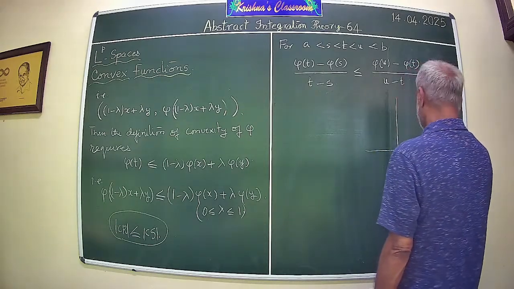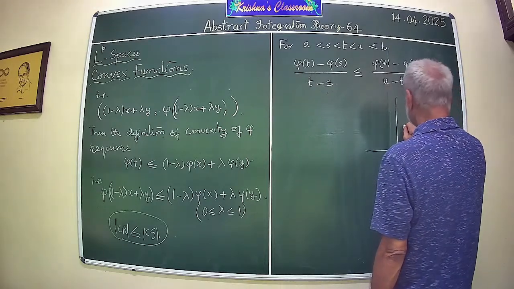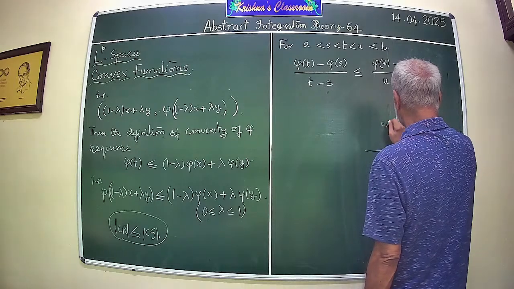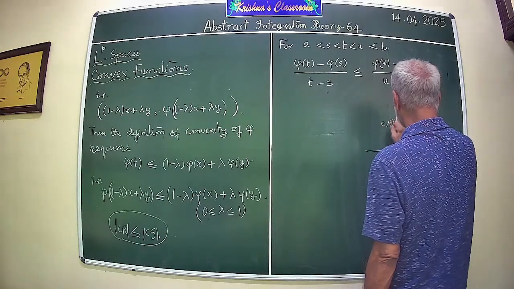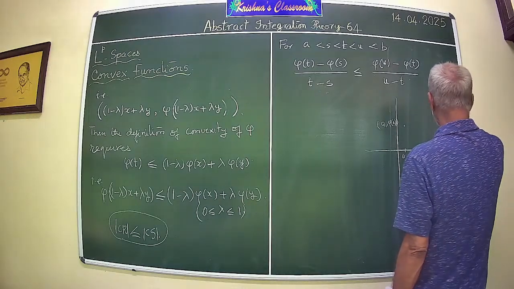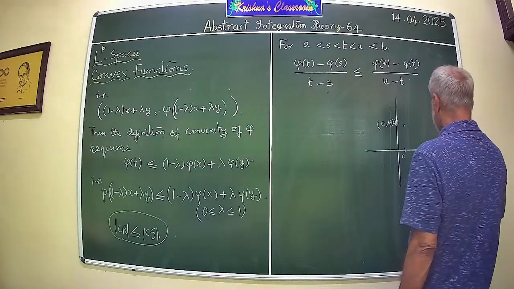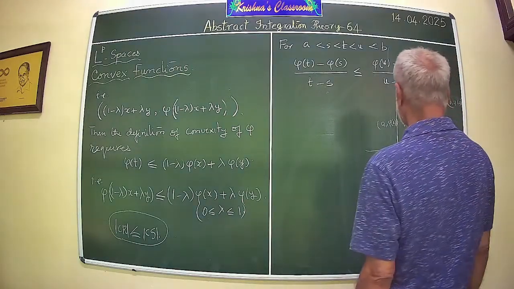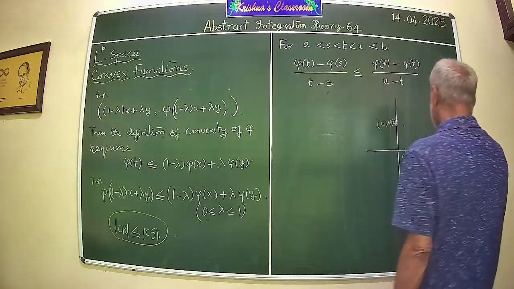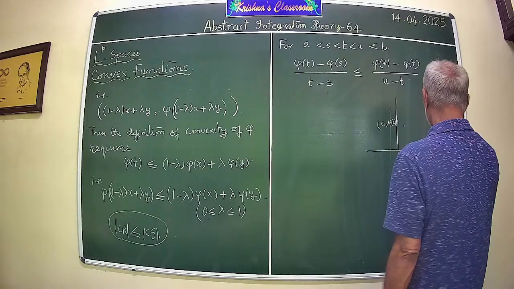So this is A, this is B. This point is A, phi A. Now for points T and S and U, we have chosen S, we have chosen T, chosen the point.